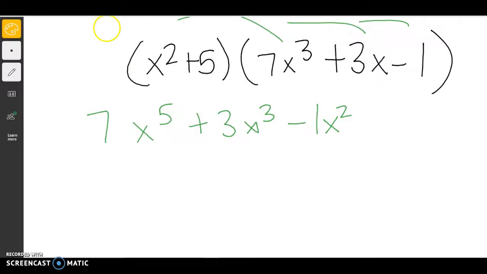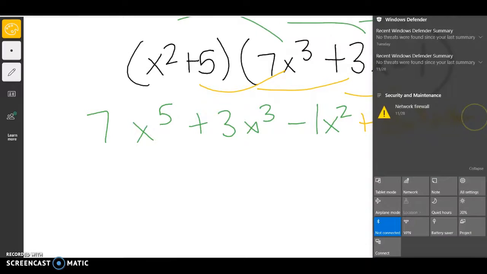Let's do the other bit. So that would be 35x to the 3rd plus 15x minus 5.